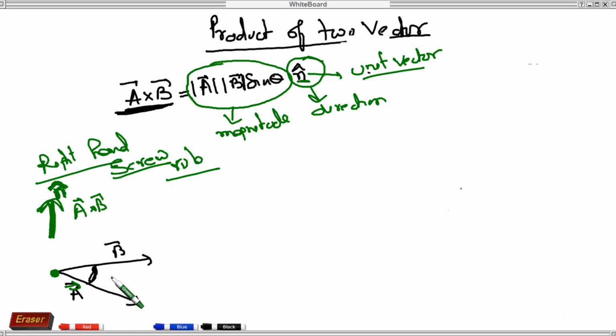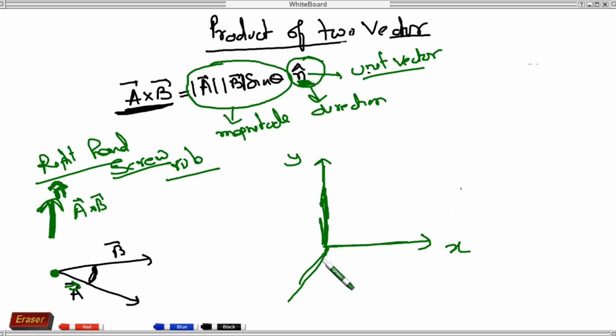Again, what you have to do is Z plane, that will be fine. Suppose this is the x axis, this is the y axis, and this one is the z axis.